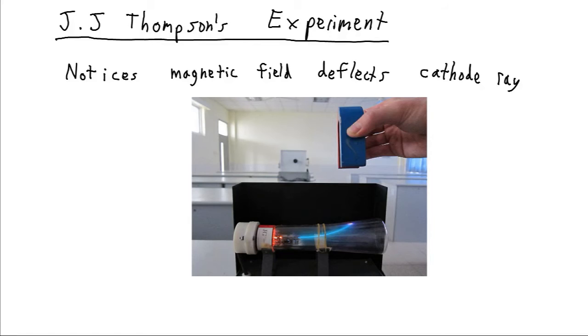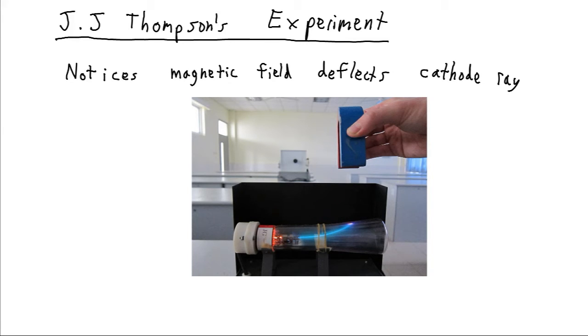The identity of this enigmatic ray attracts the attention of J.J. Thomson, the British physicist. And he notices that a magnet put in proximity to the cathode ray will cause it to deflect towards or away from the magnet.